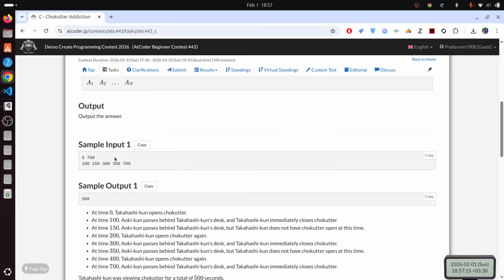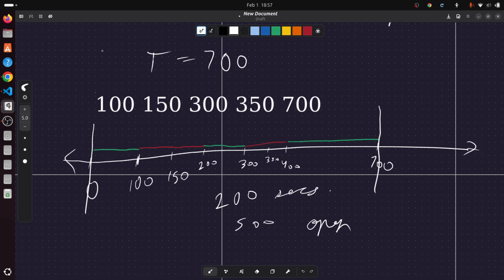If you try to imagine it, you put i equal to 0 and keep doing i plus plus until you hit 100, and then again you open the box, then you do i plus plus until you hit 200, and then the guy comes.